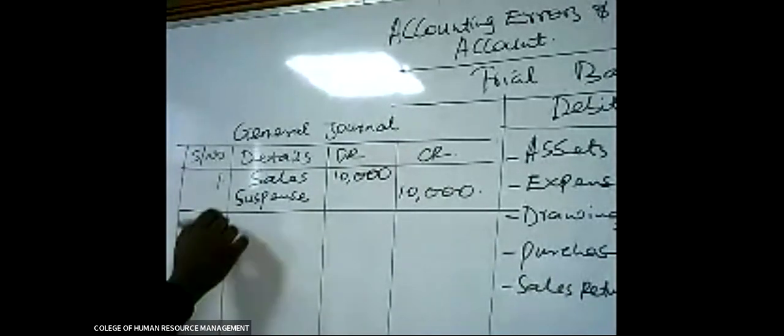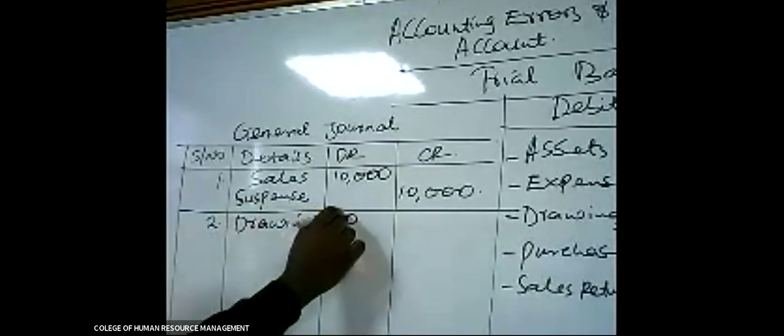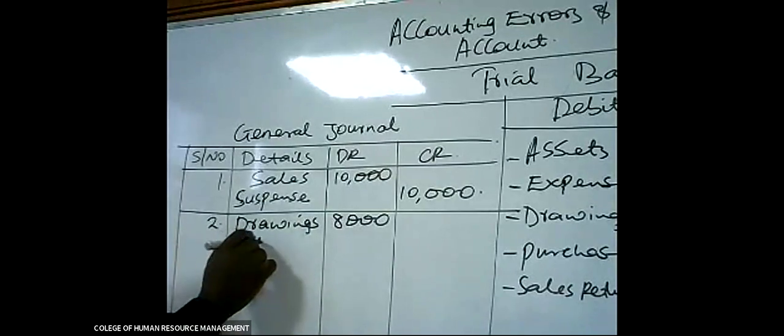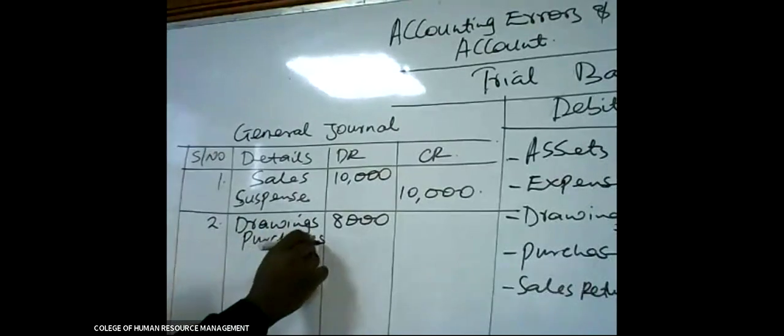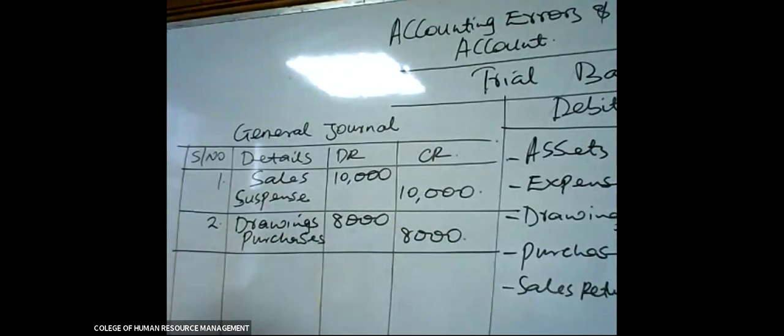Error number 2. First, we made the drawings, 8,000. These drawings are affecting the goods. So they are reducing the goods that were purchased. We shall come here and credit the purchases by 8,000. We're done.